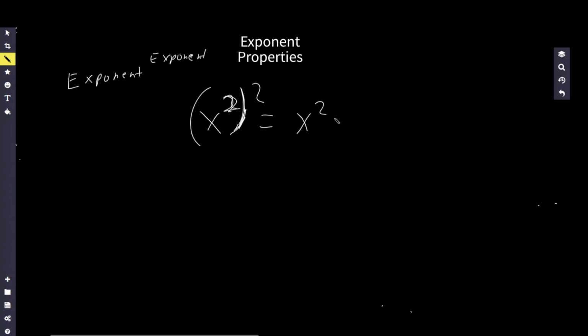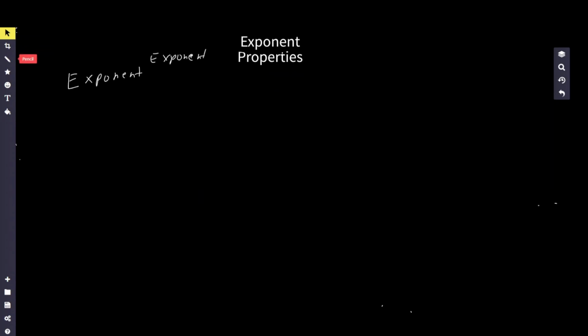This is, well, x squared times x squared, 2 x squareds. And now we just add the exponents. So this is x to the fourth. So again, we're multiplying these two things here. Now let's see if we can find a correlation between multiplying this and doing this by generalizing completely.